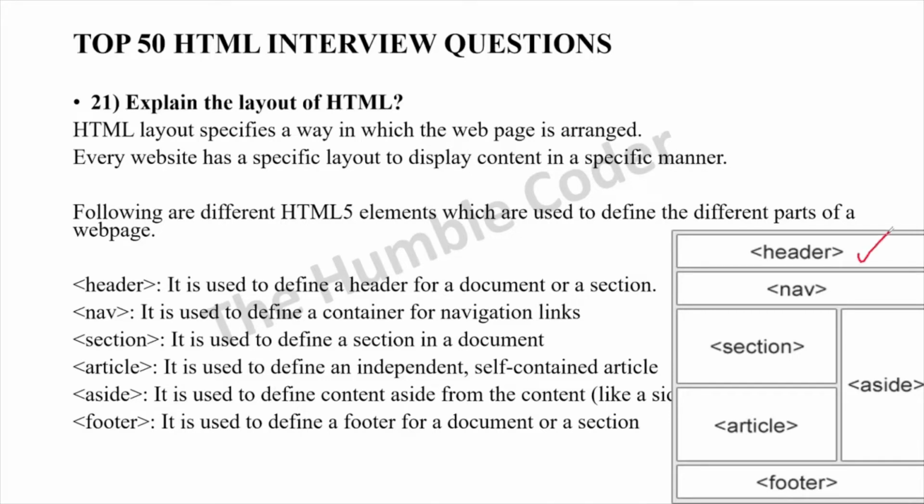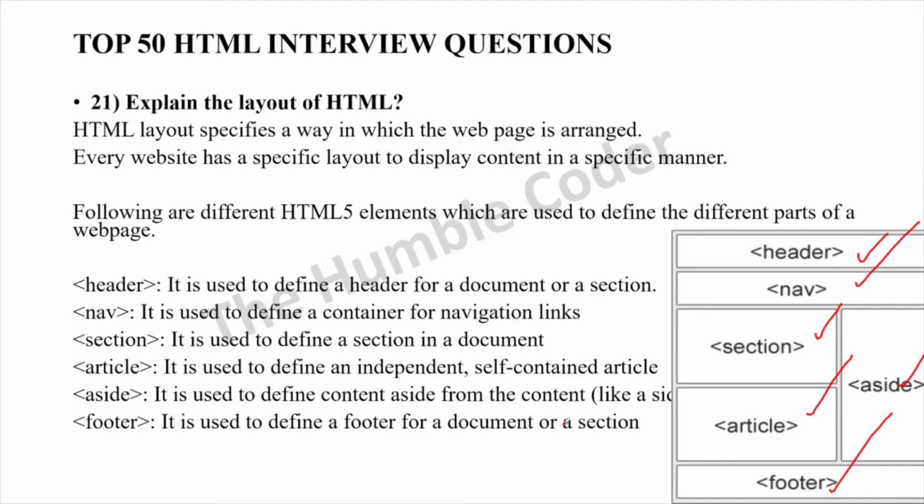Before understanding the different elements, let's see which element comes where on a web page. Initially the header comes, and then below that the navigation, then there is something called a section, and then article, aside, and then the footer. Now let's understand what each term means. Header is used to define a header for a document or a section.